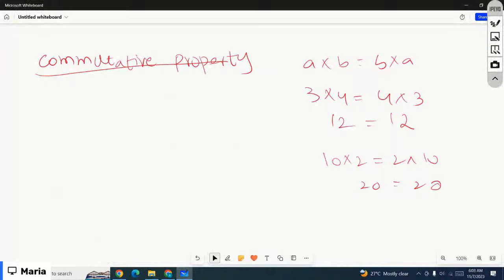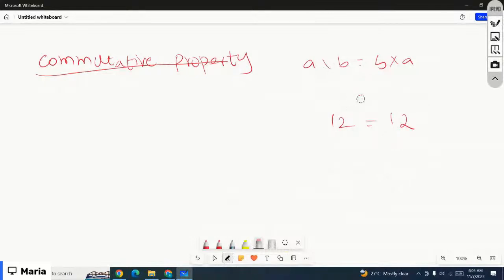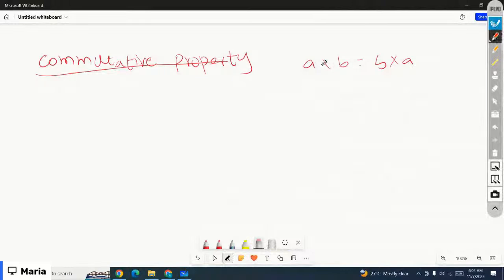The next one is the associative property. In the associative property, we have the parentheses involved and three numbers are involved.